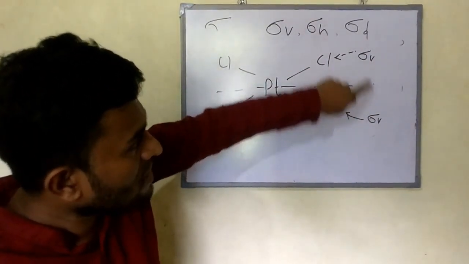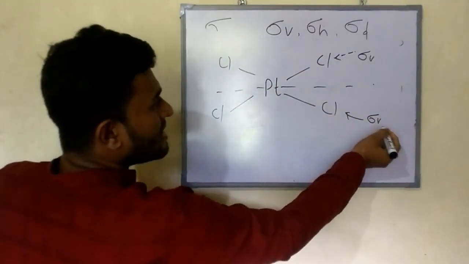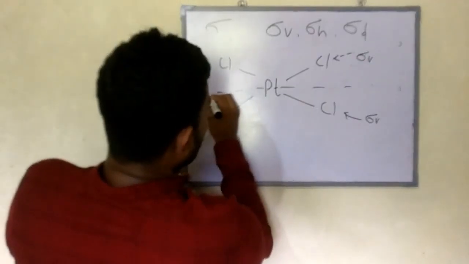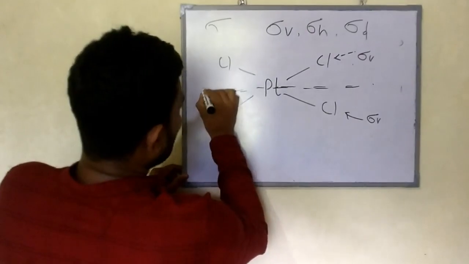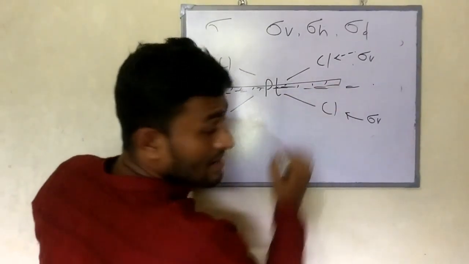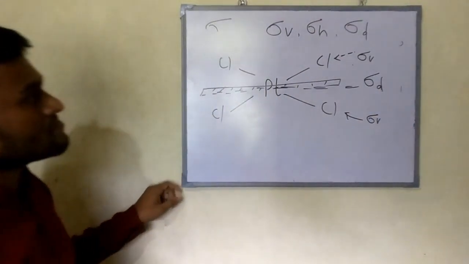Here two sigma v's are there in both positions, but you can divide that into two, or bisect it. That is this plane.